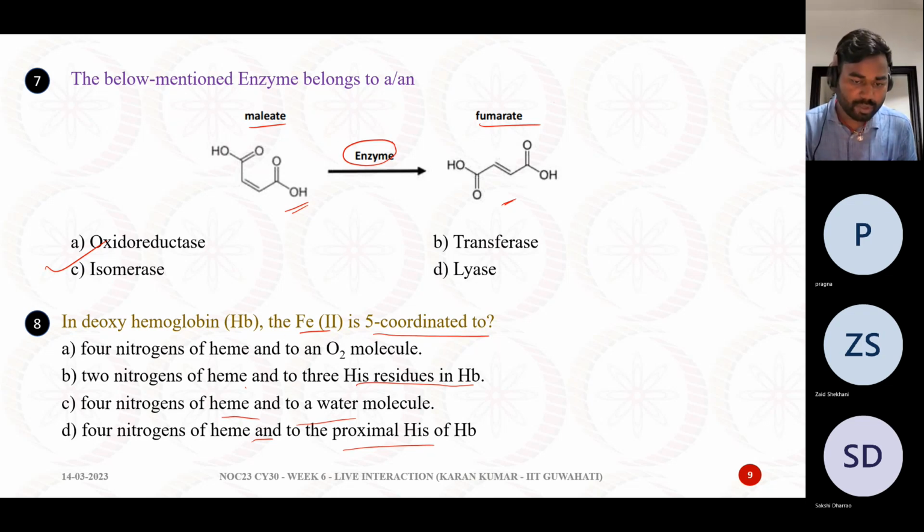In the deoxy form of hemoglobin, where is the ferrous ion coordinated? The correct answer is here: 4 nitrogens of the heme, which is a 4-pyrrole ring, and then the proximal histidine of Hb. In the deoxy form, when oxygen is not bound, the ferrous 2 ion will be coordinated to the nitrogens of the heme and then the proximal histidine of the hemoglobin.